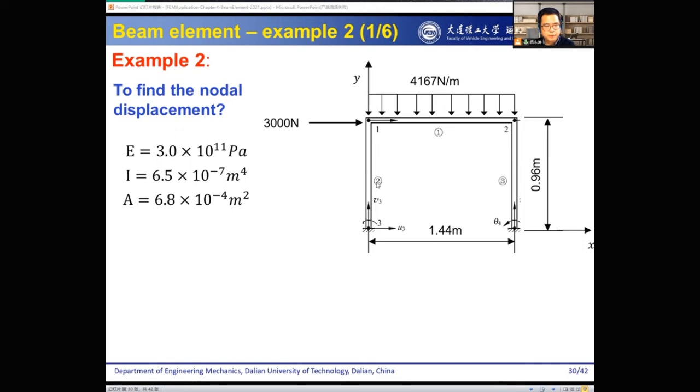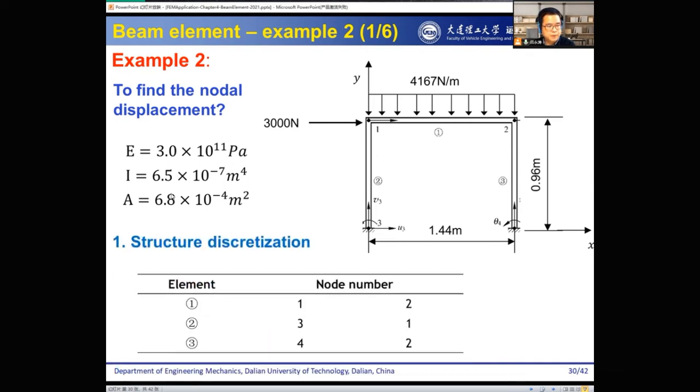But for beam 2 and beam 3, there's an angle to the x direction. So we need to do the transformation for 2 and 3 in order to align the variables into the global system. Then we can set up the stiffness matrix in the global system.